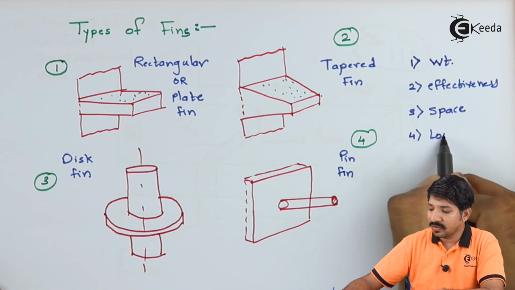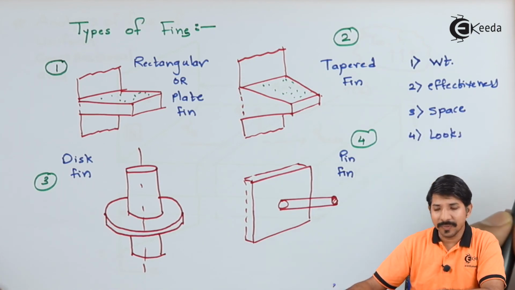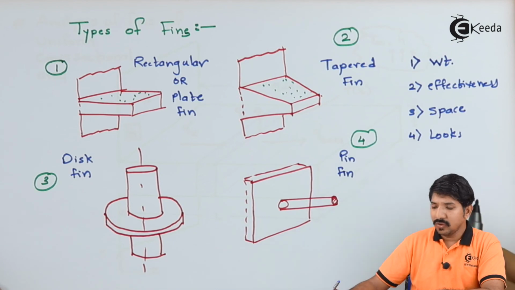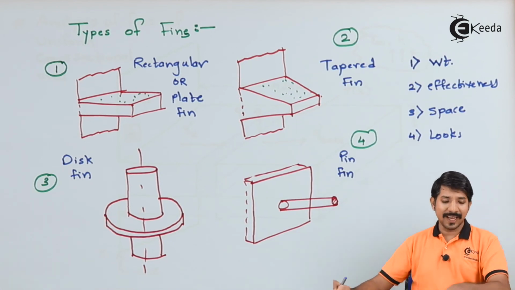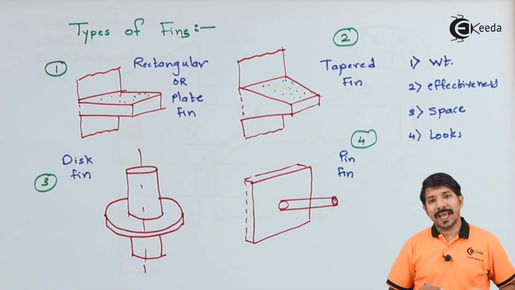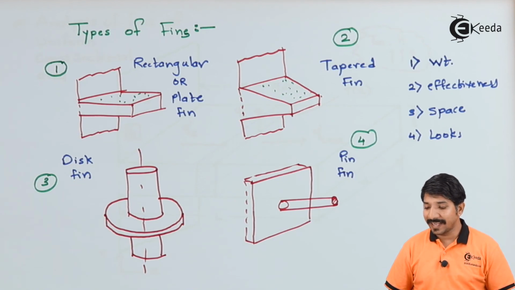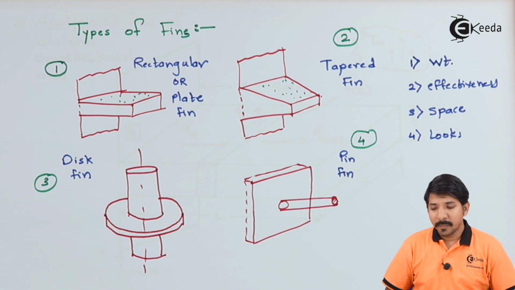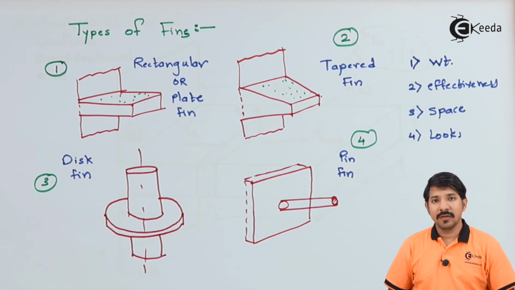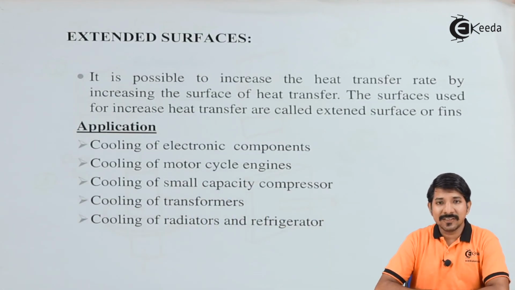Then the looks, or we can say the ergonomics, that is required. There can be more than these, based on which we have to select the type of fin, but I have listed a few here.